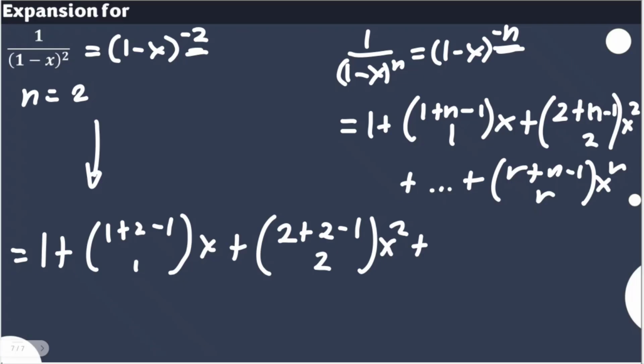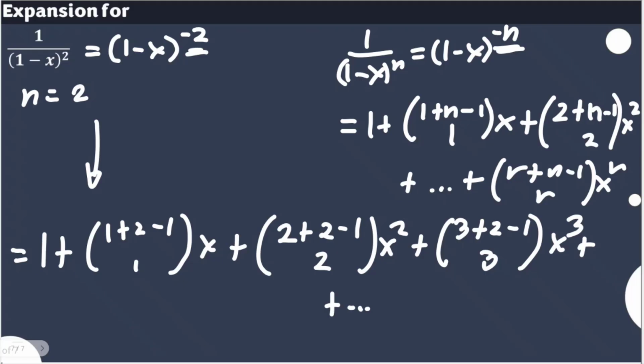The next one, if we try x cubed, so our r is 3: 3 plus 2 minus 1 combination 3 x cubed plus, until you have, let's try this 4 alone. And of course, you can also go until you have r plus n minus 1, or r plus 2 minus 1 combination r x to the power of r.